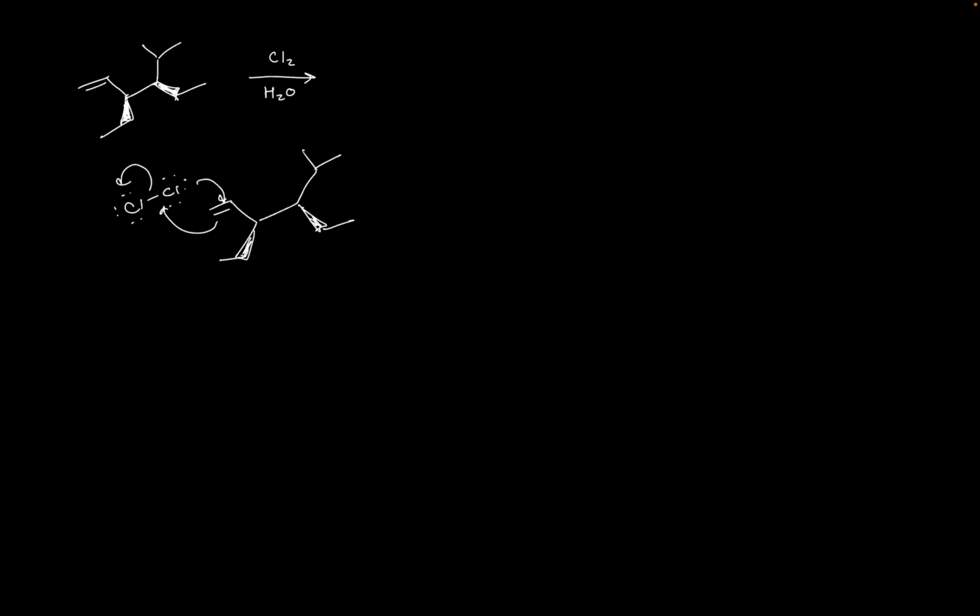Okay, and then we have 2 possibilities. The first possibility is that we formed a cyclic intermediate on the top face. The second possibility is that we have this same molecule, except we just formed the intermediate on the bottom face instead.